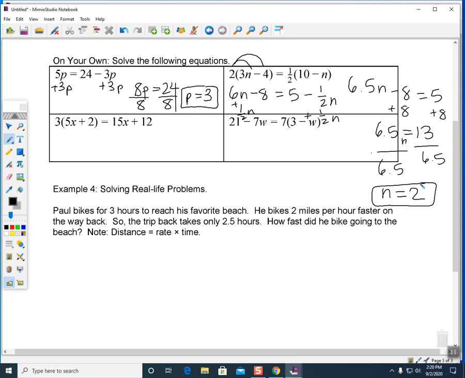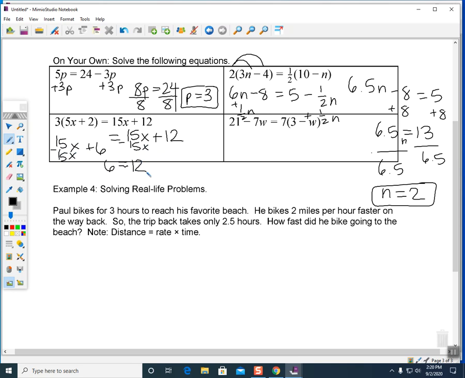Okay, the next one, 3 times 5x is going to give me 15x. 3 times 2 is 6, so 15x plus 6 equals 15x plus 12. Am I ever going to find a number that will make this true? I'm not, right? Because if I combine these and I subtract 15x from both sides, then I'm left with 6 equals 12.